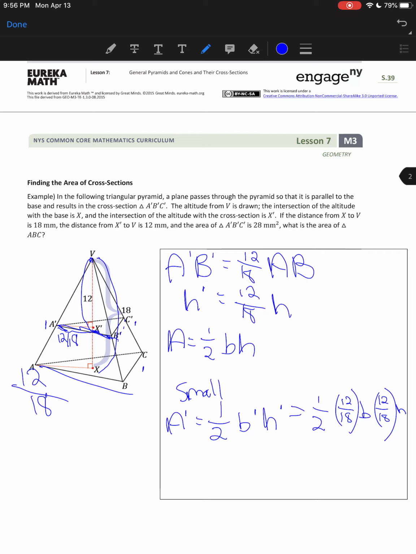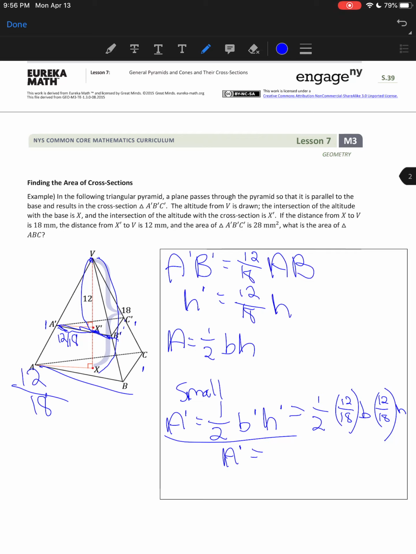Let's call this A prime, the area of the smaller one. I'm not doing anything fancy over here, I'm just saying that this represents the area of the smaller triangle on top, the area of the cross section.